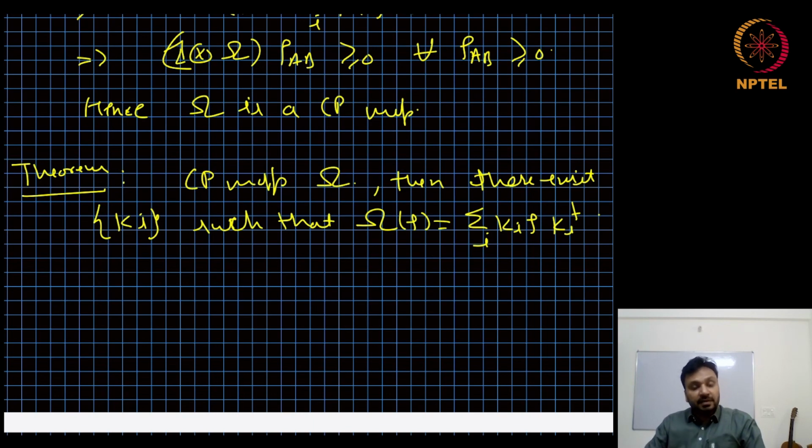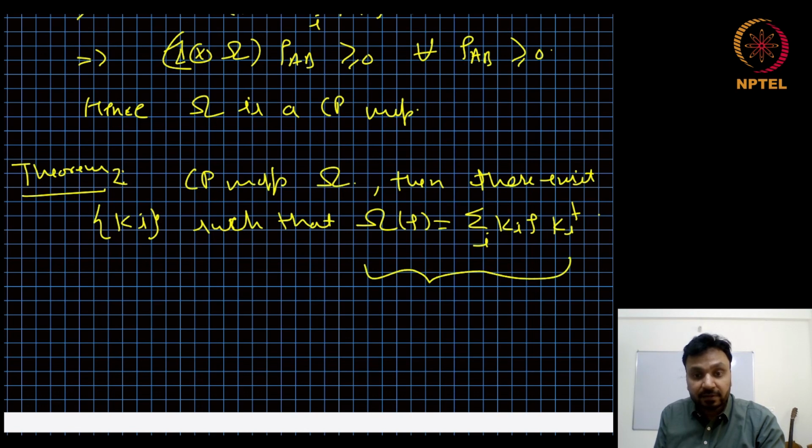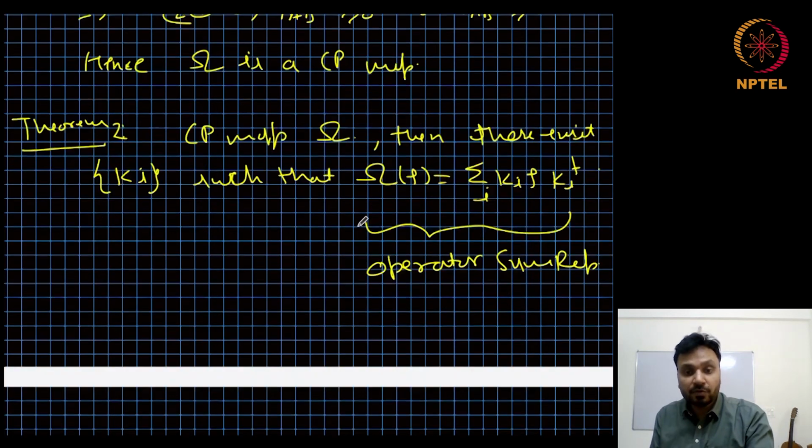So the second theorem says that for every completely positive map, the representation sum over i of K_i rho K_i dagger exists. It means we can always find a set of operators K_i such that omega of rho can be written as sum over i of K_i rho K_i dagger. This is called operator sum representation, or Kraus operator representation.